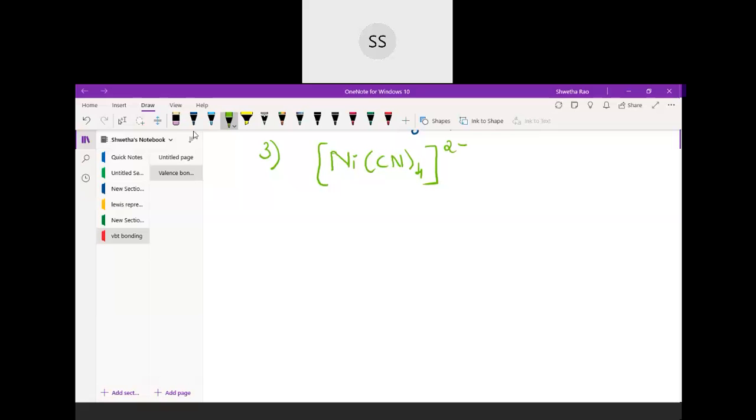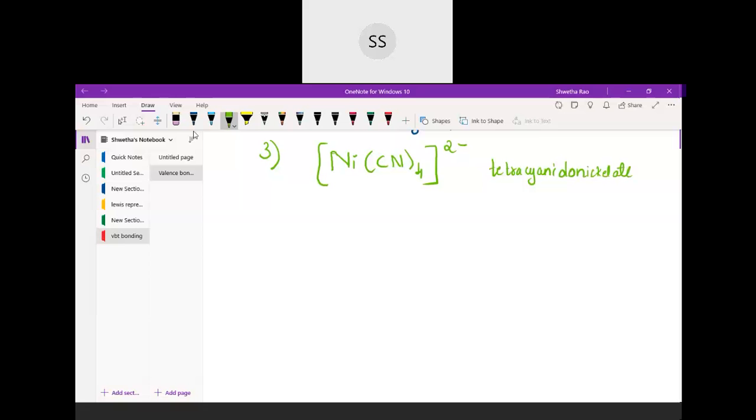The name of this complex: there are 4 cyanide ligands, so it's tetracyanido. Again it is a negative ion, so you have to write the Latin name of the transition metal. The transition metal's Latin name over here is nickelate.